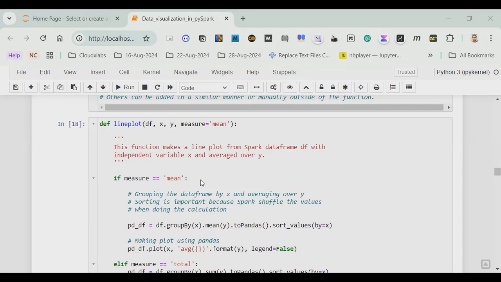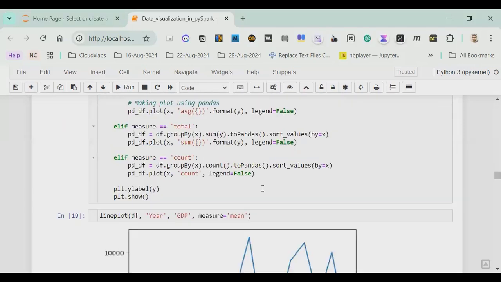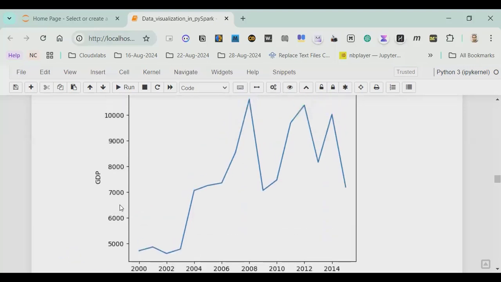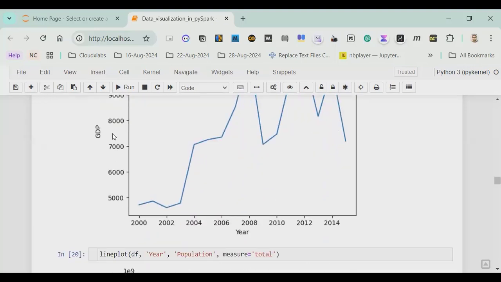Second, X indicates the column name representing the independent variable, and Y indicates the column name for the dependent variable, so that we can plot it on the Y axis. Measure determines the aggregation method, X related to Y. The default is the mean actually, so if measure equals mean, something like this. Here we are looking year wise. Year wise is important. The dependent variable is GDP.